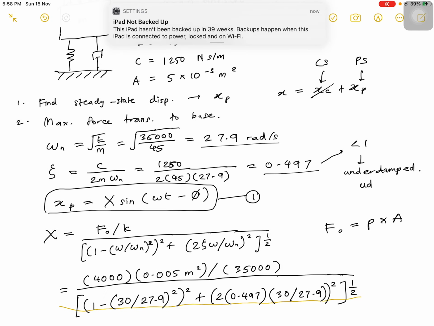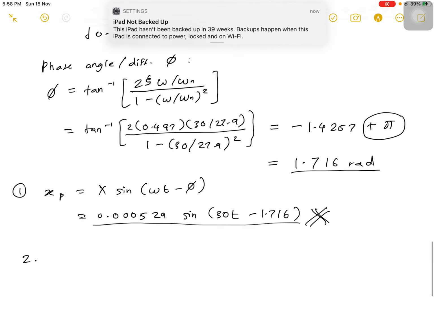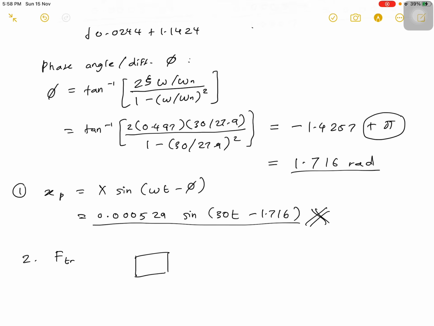So number 2, we need to find the maximum force transmitted to the base. So we need to find the force transmitted. If we draw the free body diagram, we have the force from the top, and also we have the force from the bottom.